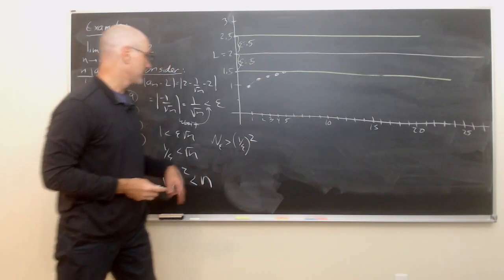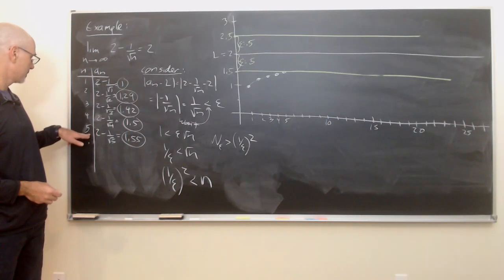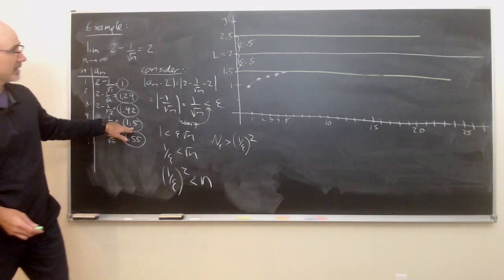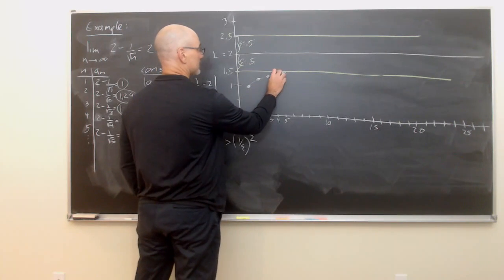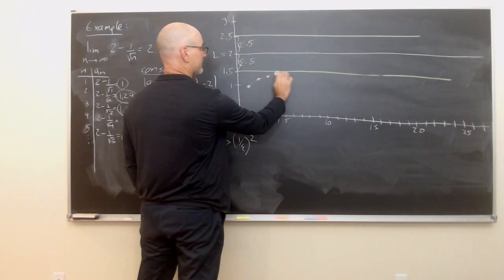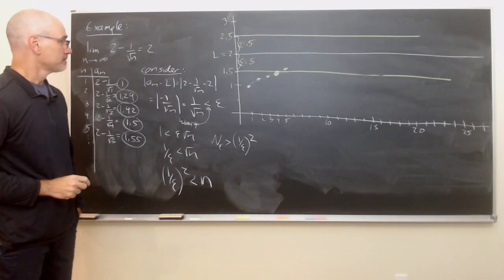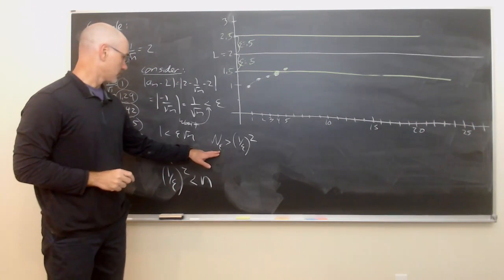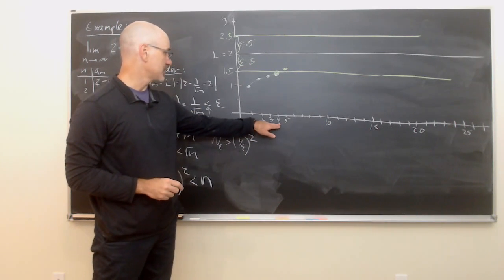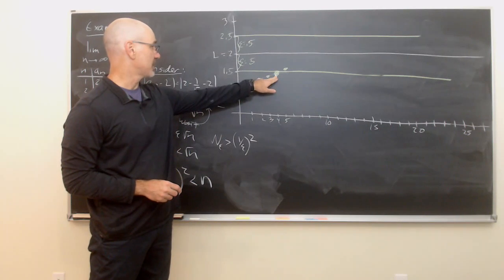Well, in our few examples we did, when n is 4, we get 1.5. So that point should have been right there, and then the 5 was a little bit higher, 1.55. So because of the strict inequality for epsilon, n equals 4 doesn't quite do it, right? It's equal to 1.5.